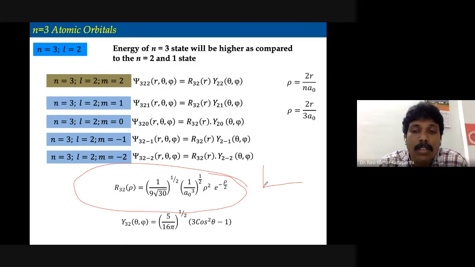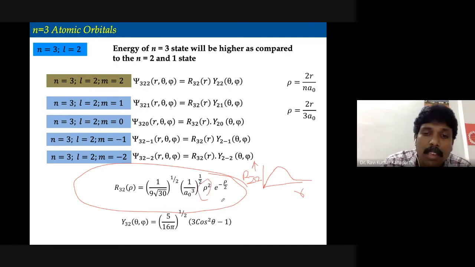When rho is equal to 0, the function will be 0. When rho is increasing, the function increases, and then it decreases. You can plot R versus R32. Easily you can draw it, because the initial growth is because of the polynomial function, and the decrease is because of the exponential function.